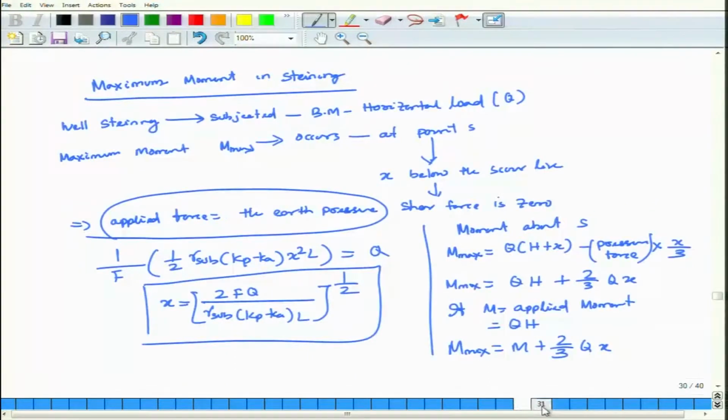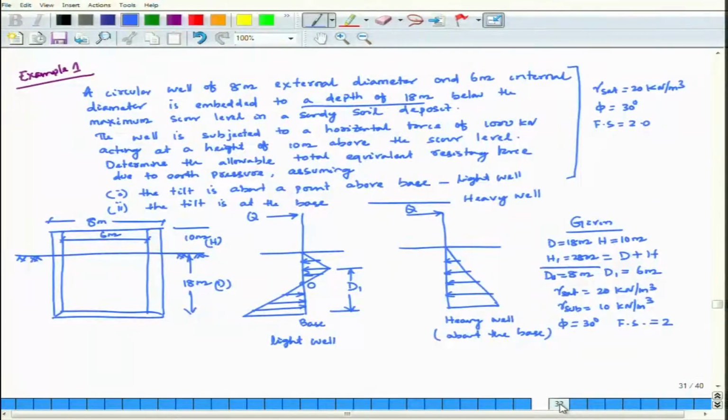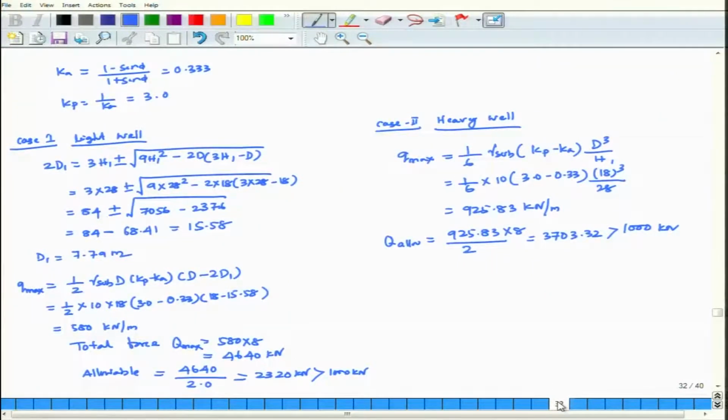So, taking into consideration, I draw the well first with inner diameter, outer diameter. For light well case, how is the earth pressure distribution diagram. For heavy well case, what is your earth pressure distribution diagram. Then D1 has been calculated.